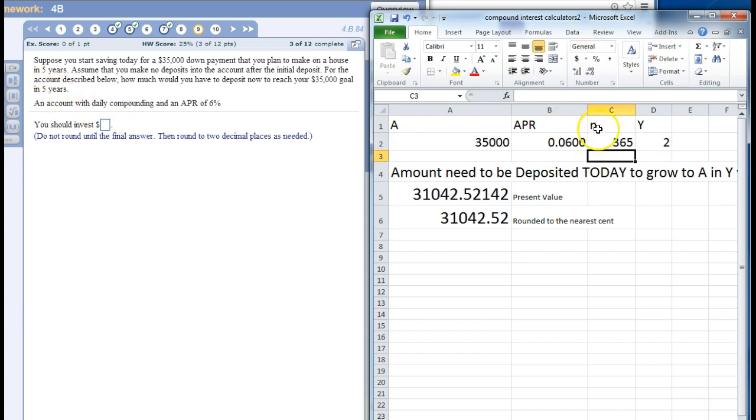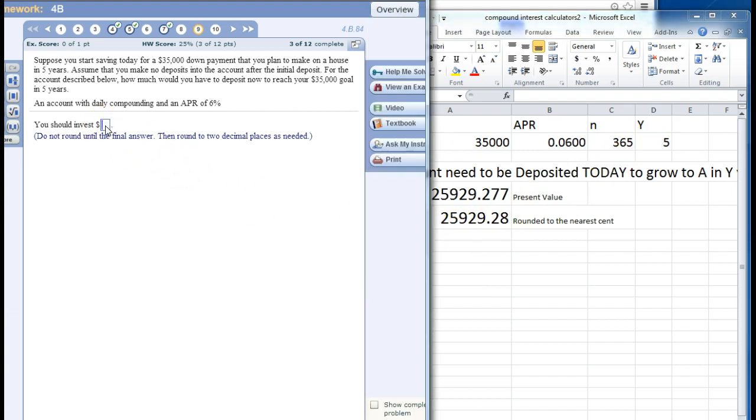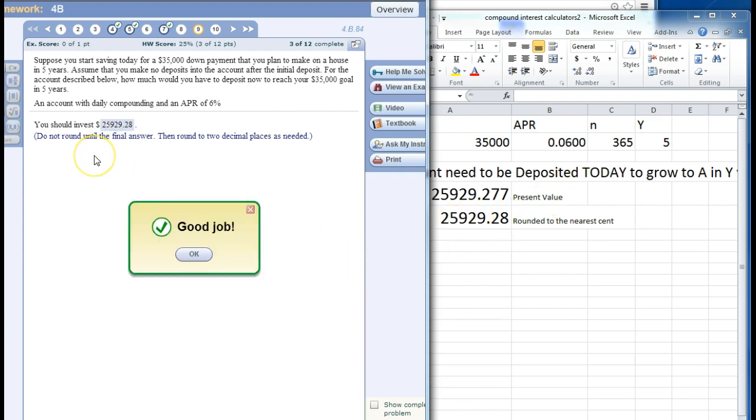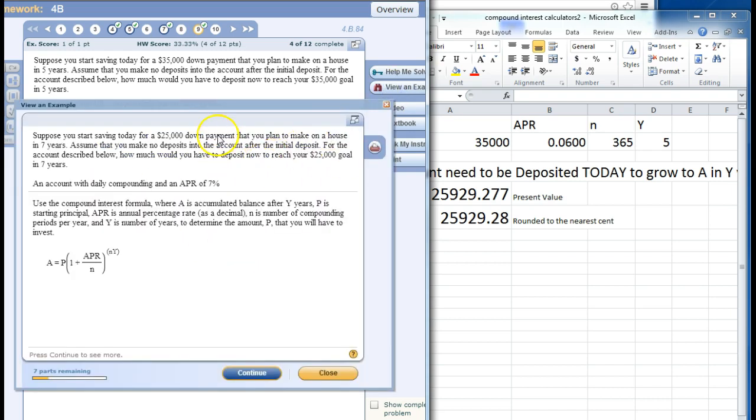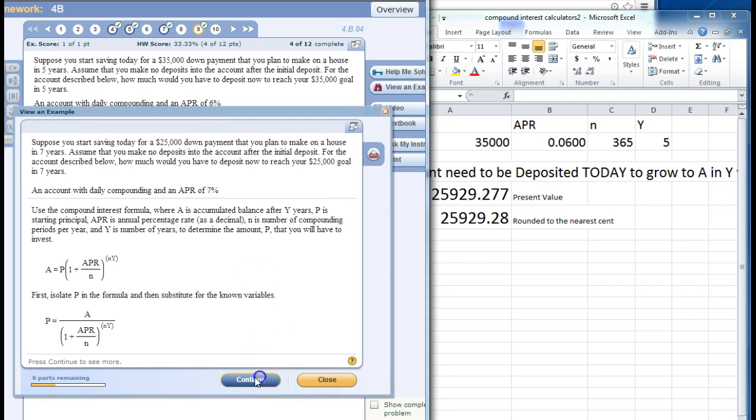And how many years you have to save this up, so 5. So this is what you need to deposit now to have 35,000 in 5 years in this account. So that's $25,929 and 28 cents.